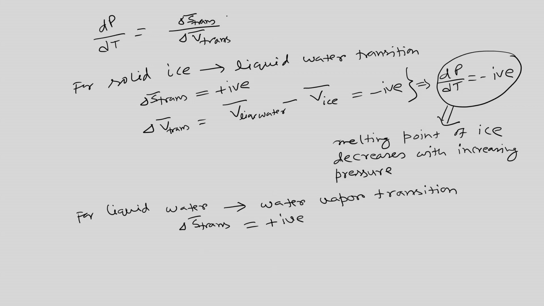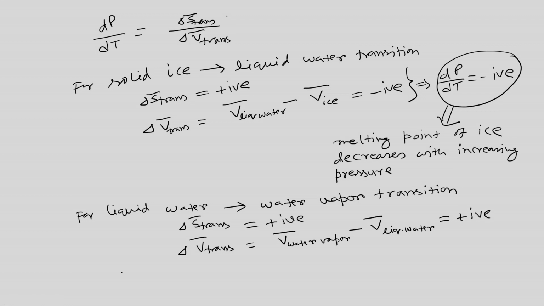So, entropy change is positive. Now, what about delta V transition? So, delta V transition is nothing but V bar of water vapor minus V bar of liquid water. And we know molar volume of gas is much higher than molar volume of liquid. So, it gives a positive quantity.